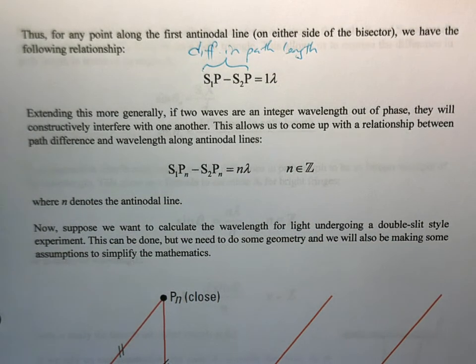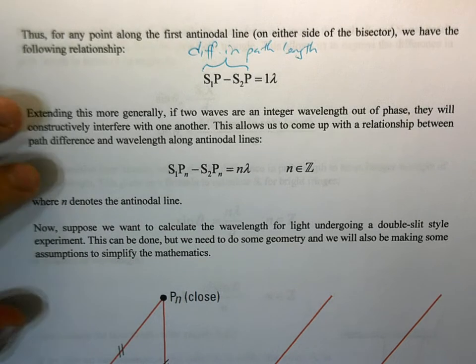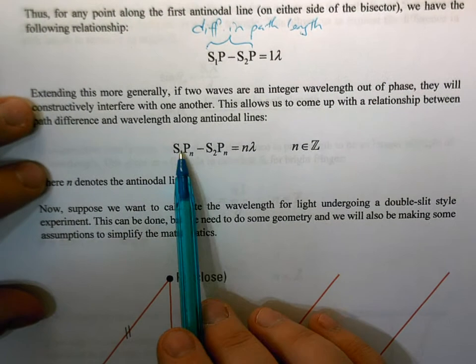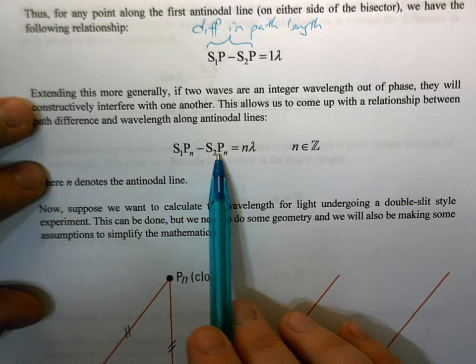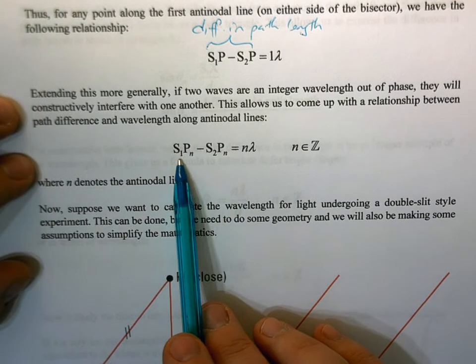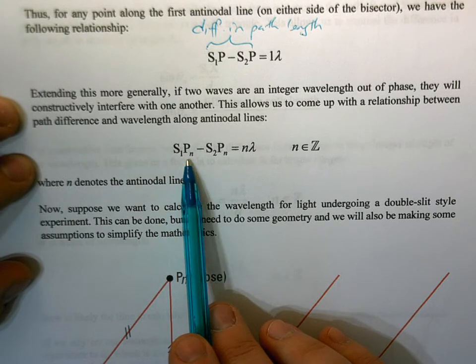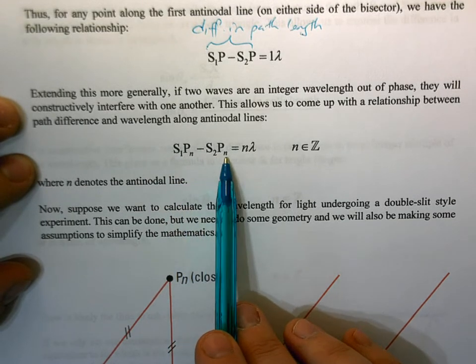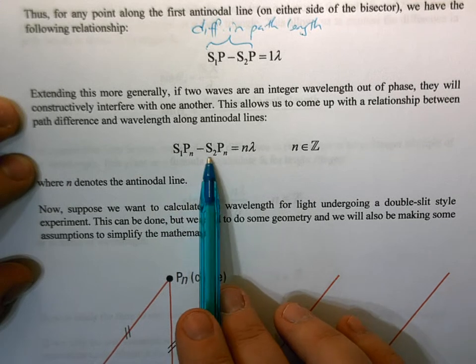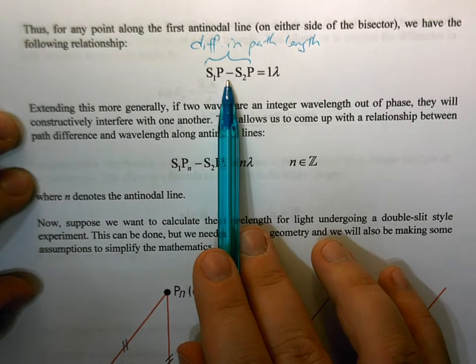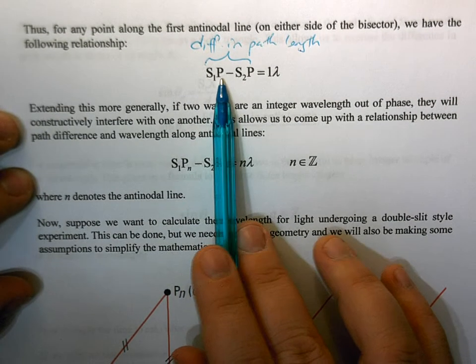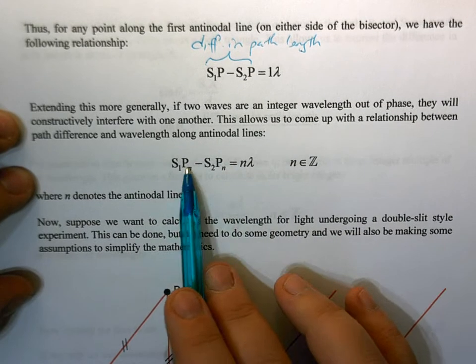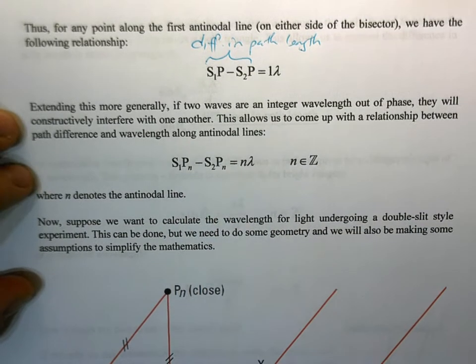Now we could extend this out more generally. We could call some points S1PN and S2PN. This is the path length from the first slit to any fringe, and from the second slit to any fringe. N is going to be the fringe order. For the first one here, we treated this as P1, the first fringe, but I could do this for any fringe: the second, third, and fourth.